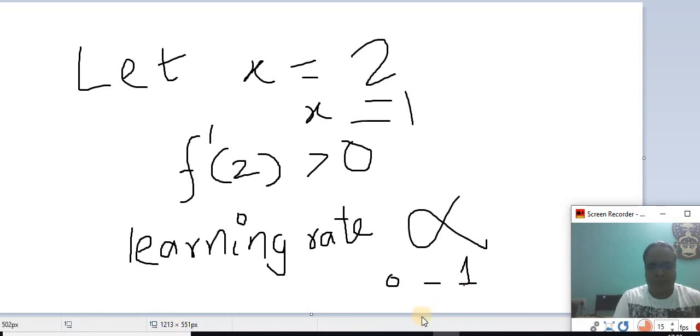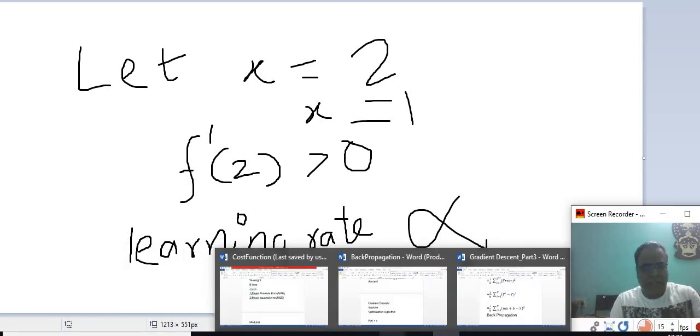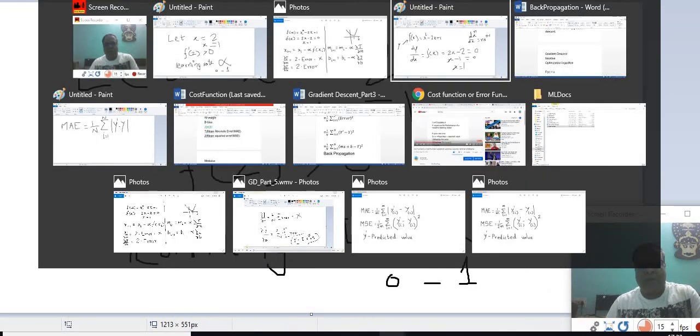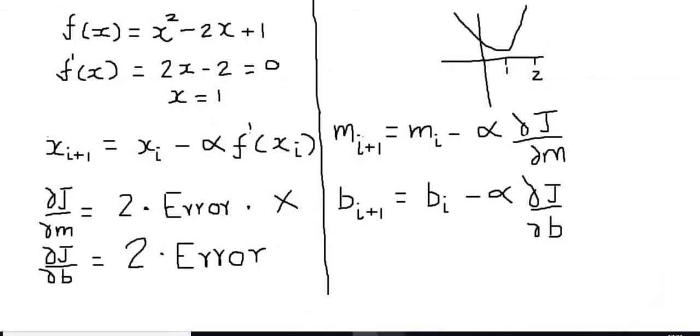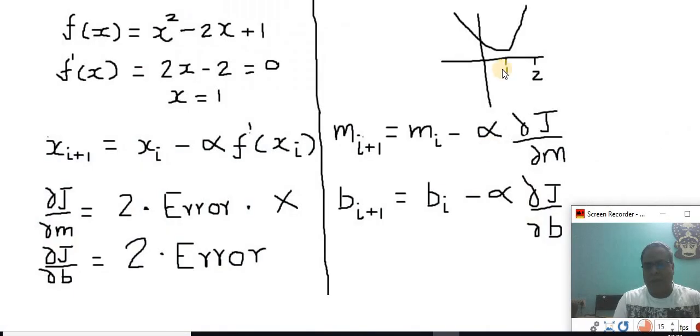When you take a function, I can show you here. In this figure, you can see the plot of this graph. This function is minimum at x equal to 1.